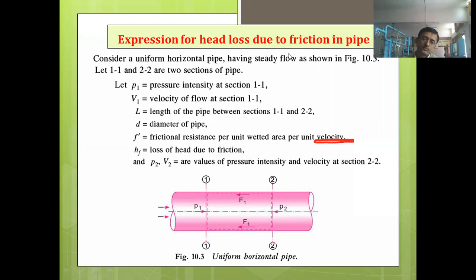Draw this diagram and write down these things. Do it fast.